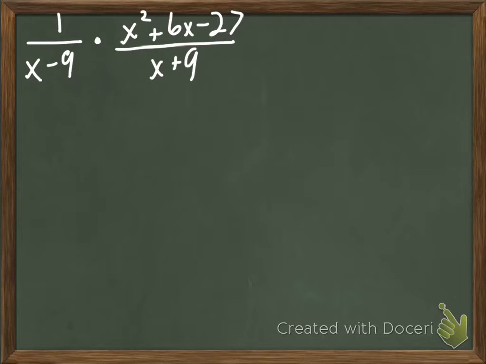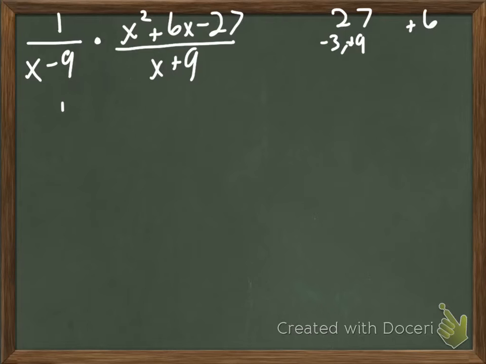So we have 27 and we want to get a positive 6 from 27. Well, I know 3 and 9 is going to work. Negative 3, positive 9.